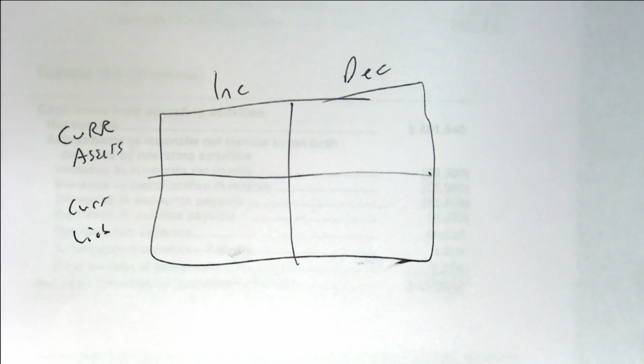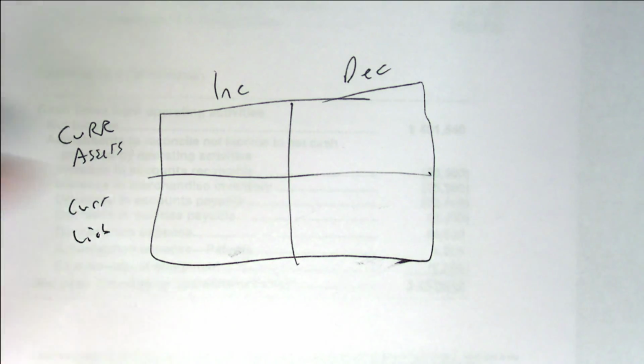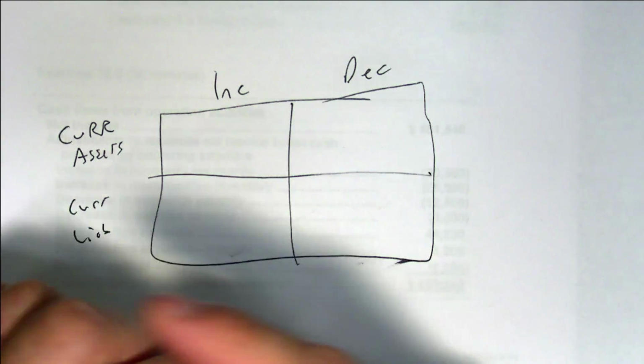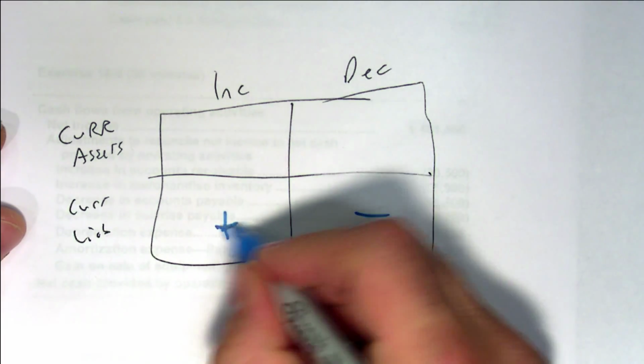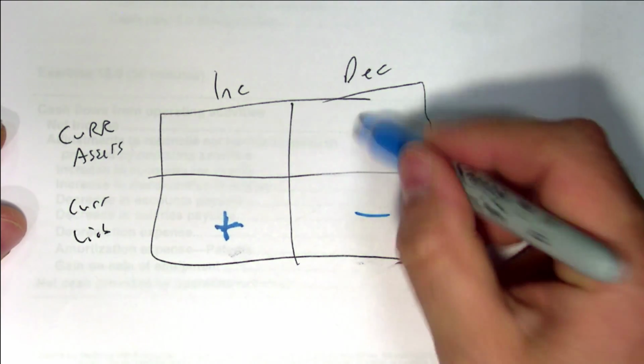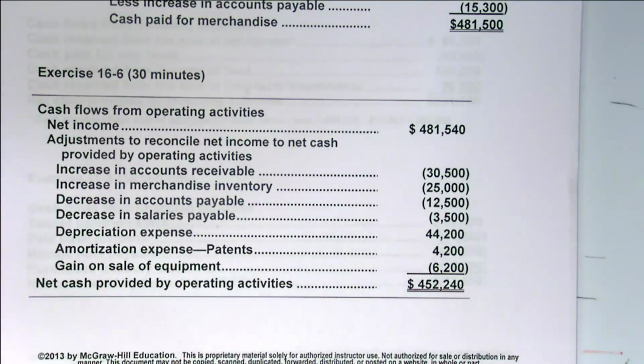I just remembered that the current liabilities went with the above sign. So the current liabilities increase, add, decrease, subtract. And then these were just the opposite for current assets. I think it's sometimes good to jot that little chart down, so you don't make a silly mental error. Just jot it down on your test. Okay? All right, but there's the answer to exercise 16.6. Questions on that, folks?